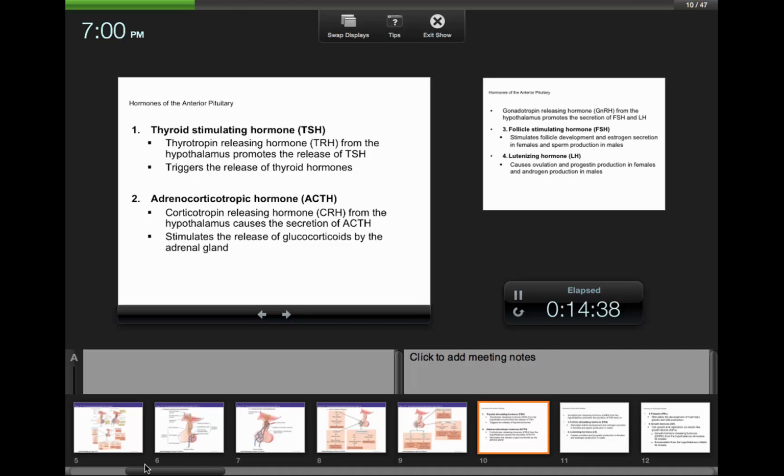Now, where does the growth hormone go? This is a good one. Growth hormone actually travels to the liver, where the liver secretes insulin-like growth factor, IGF-1.